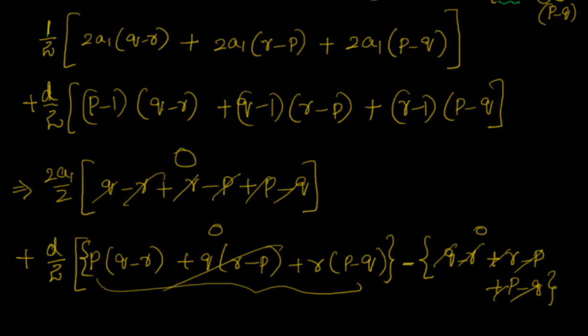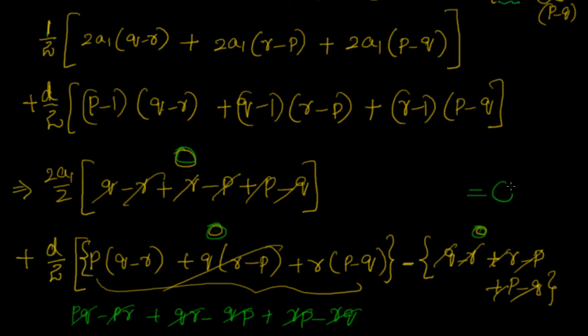Let me show it to you here, in just one step. pq minus pr plus qr minus qp plus rp minus rq. You can see that pq, qp cancels, pr, rp cancels, qr, rq cancels. So 3 zeros. If you add all of them, that's nothing but equal to 0.